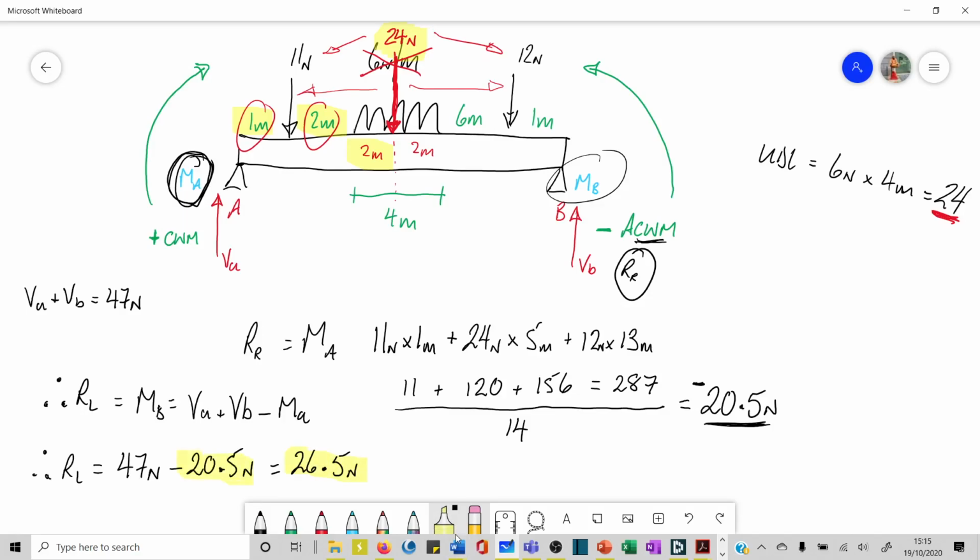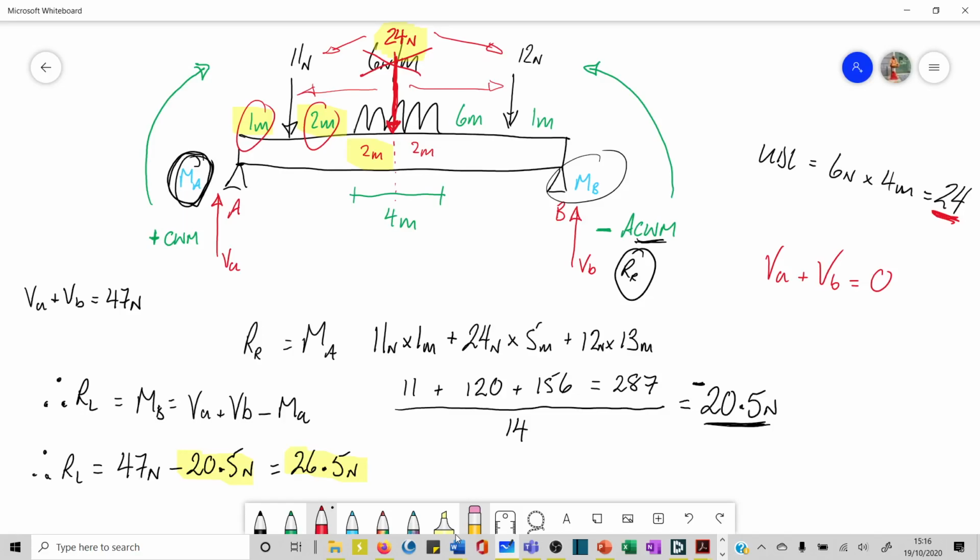If we add those two up, the reactions, the vertical force A plus the vertical force B, it's exactly the same as the force down, which is 47 newtons.